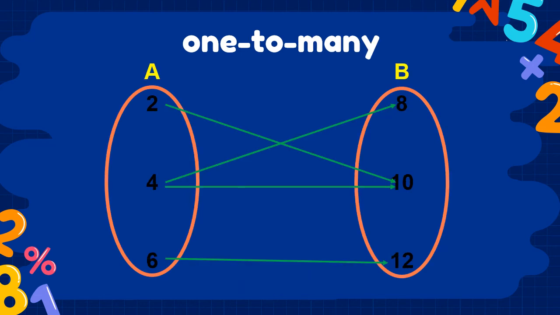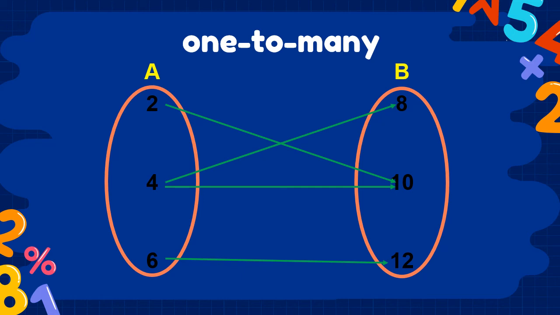So next, let's have the one-to-many. When we say one-to-many, we have one number in set A, or the domain, that corresponds to, or is a factor of, one or more numbers in set B. For example, 4 is a factor of 8 and 10.